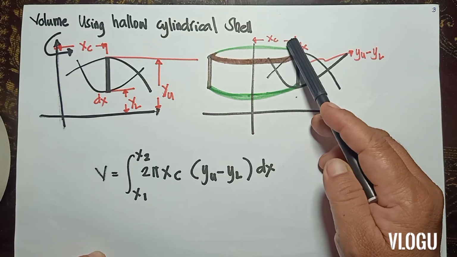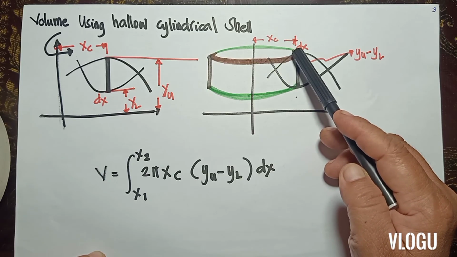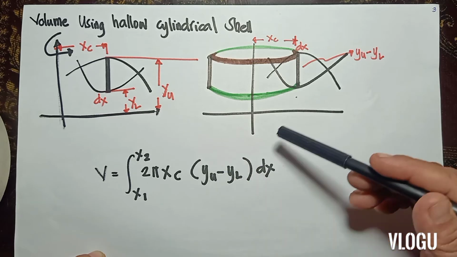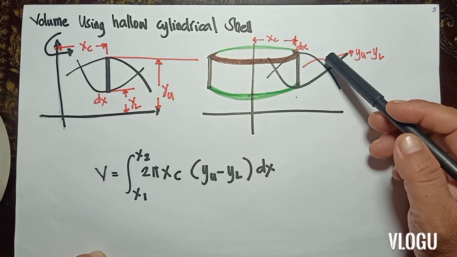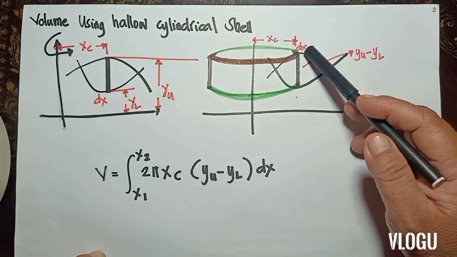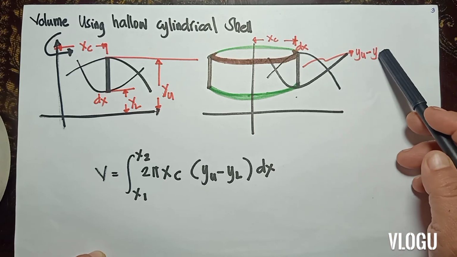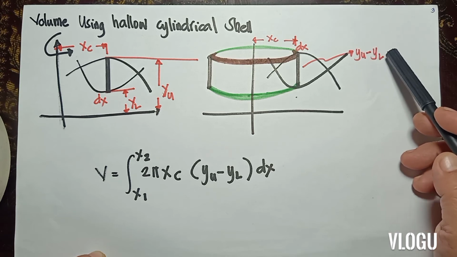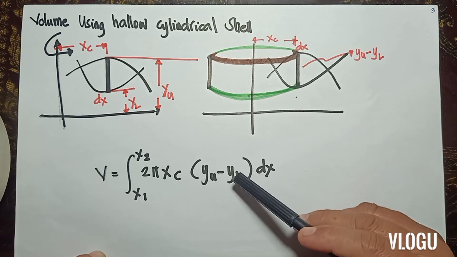Y up is the equation of the curve at the upper part, and y lower, or y down, is the equation of the curve at the lower part.